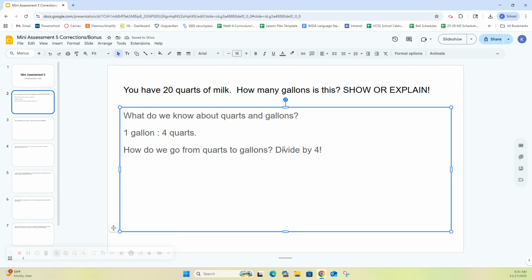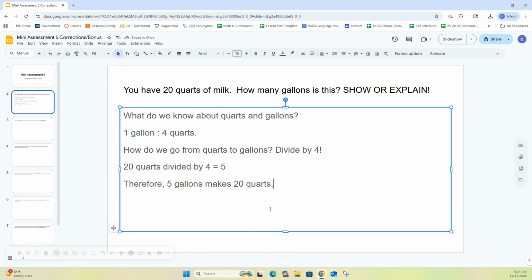Because again, to go from 4 quarts to 1 gallon, we divide by 4. 20 quarts divided by 4 equals 5. Therefore, there are 5 gallons makes 20 quarts.